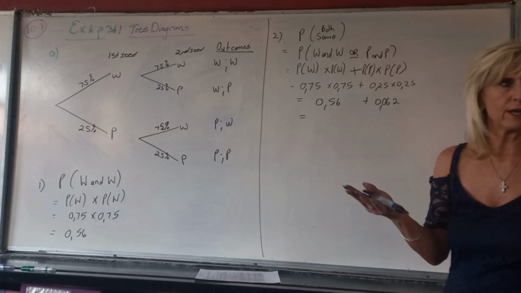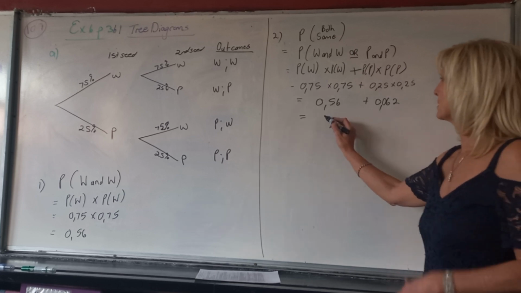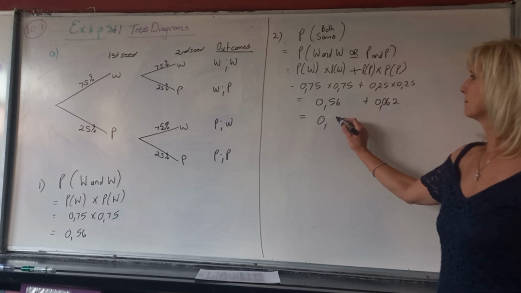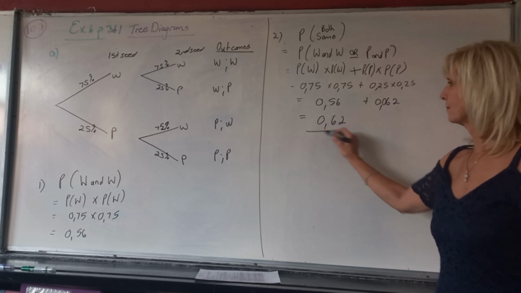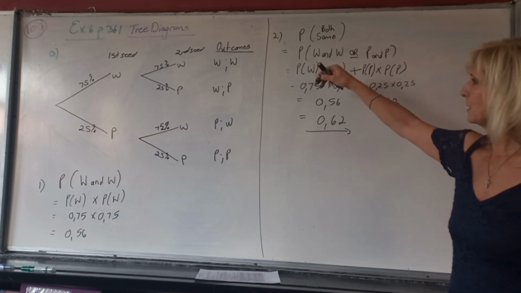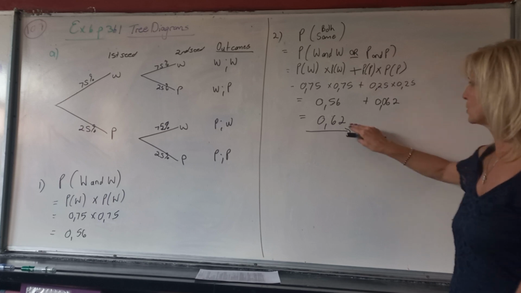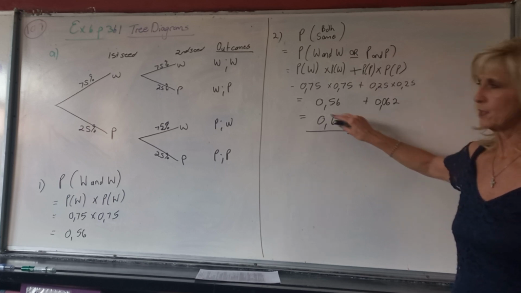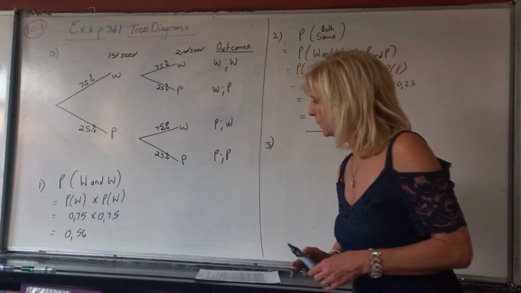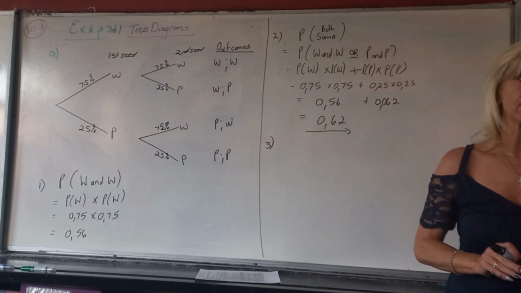Probability can't be more than 100%. Okay, and the answer then, please? 0.62. Okay, so that one you could have rounded off, but a better thing would be to put it all into your calculator in one shot and give me the answer. Don't round off.